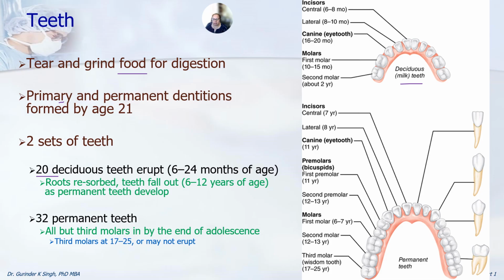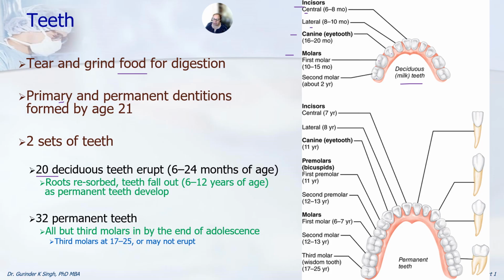The 20 deciduous teeth are divided into different groups. You have incisors, canines, molars, and premolars. In younger children, we only have incisors, canines, and molars. There are two incisors, central and lateral, one canine, and two molars, the first molar and the second molar.